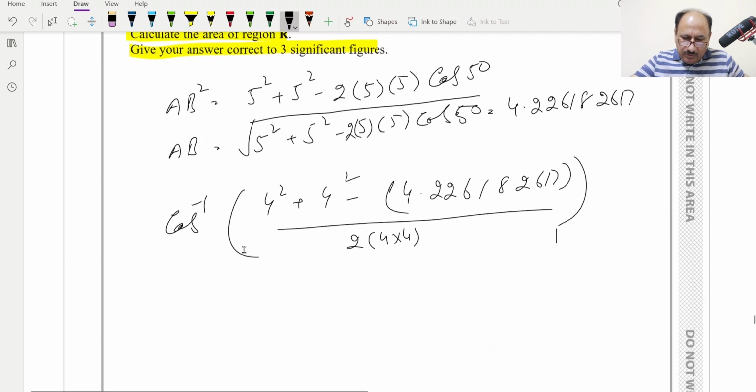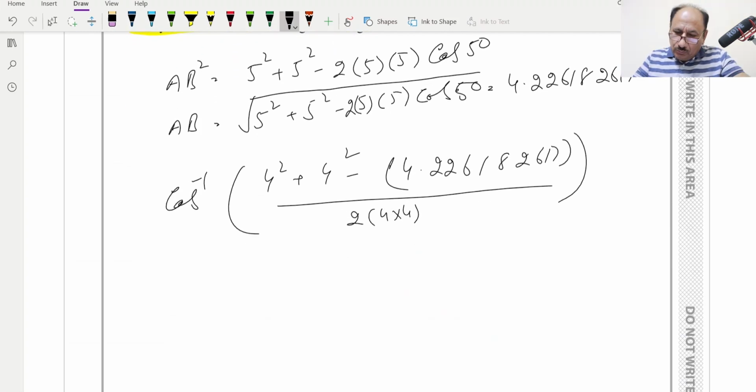So this will be squared over here, and now we can calculate this theta value.